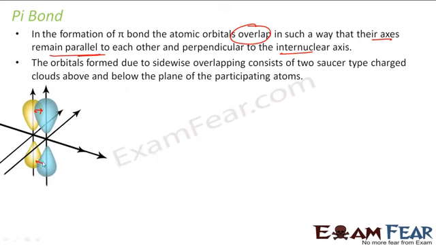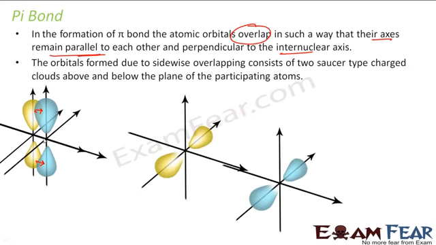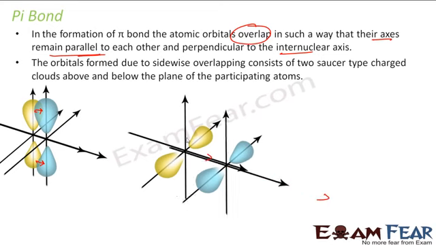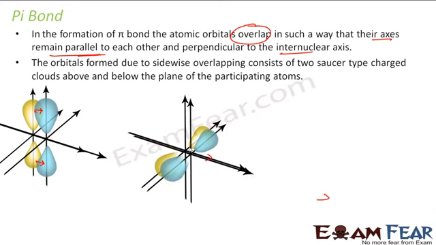They are combining like this. Right? There's an overlap, and their axes are parallel anyway. If you see one more example, in this case also, their axes are always parallel. They are parallel to each other, right? And this is the way it overlaps.